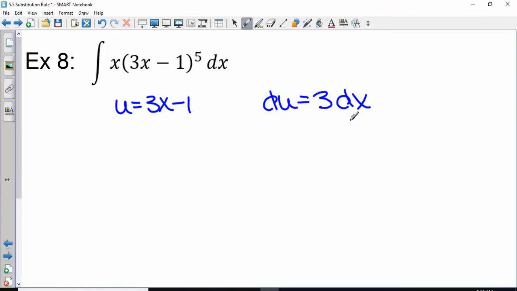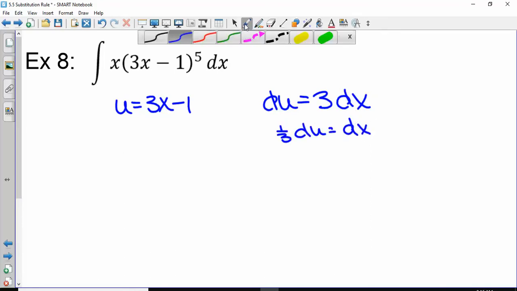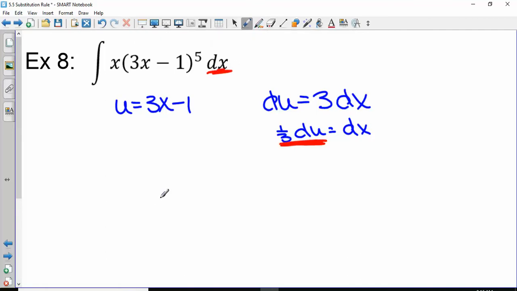Okay. This isn't looking so great. I don't have a 3 up here, so I'd have to divide that over. So my dx will get replaced with the 1/3 du. The 3x minus 1 gets replaced with a u.